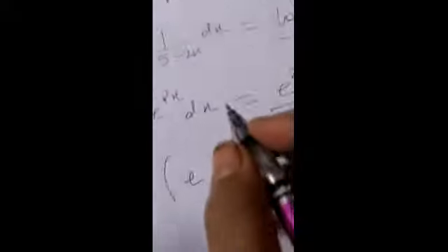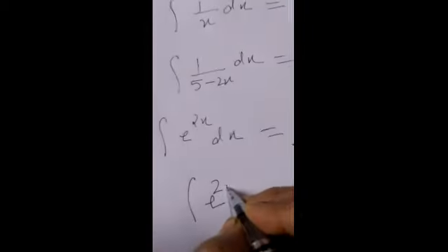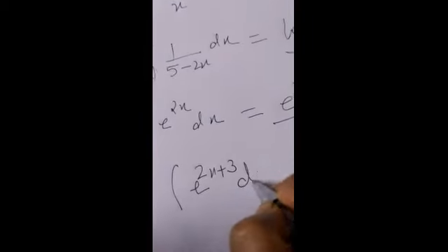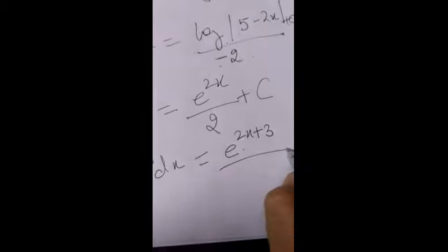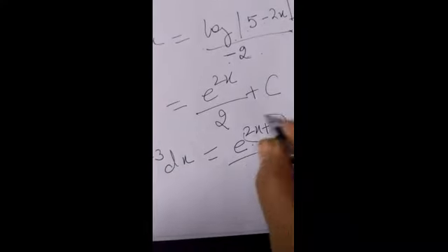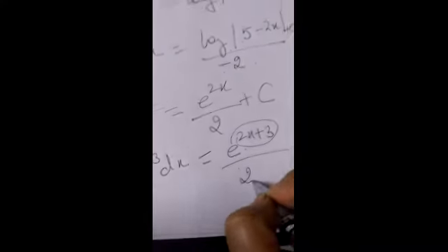If you have integration of e power 2x plus 3, you will write e power 2x plus 3 as it is, whole divided by the derivative of 2x plus 3, that will be 2 because the derivative of 3 will be 0, plus c. So this is the exponential integration which you have to keep in your mind.